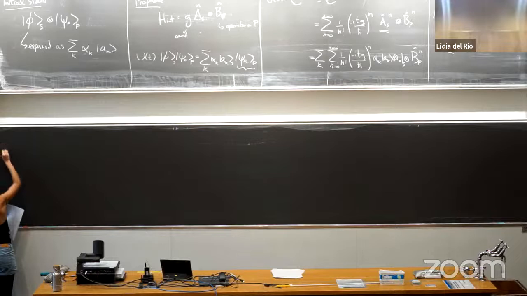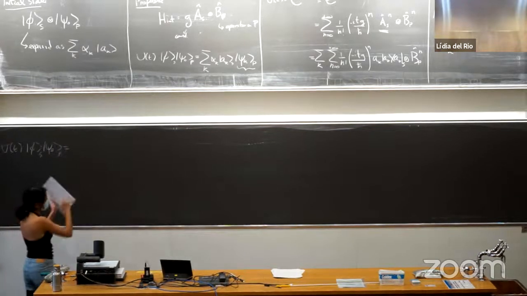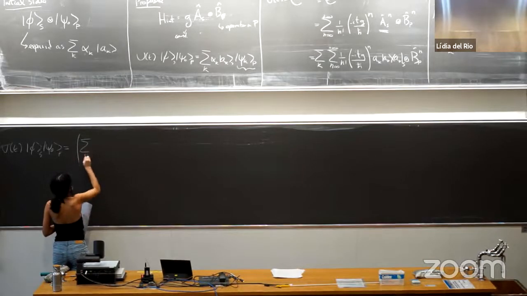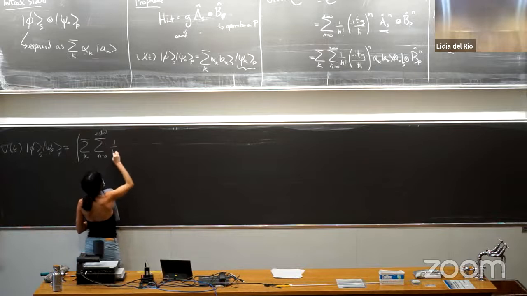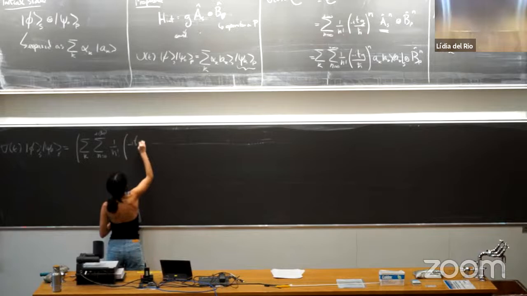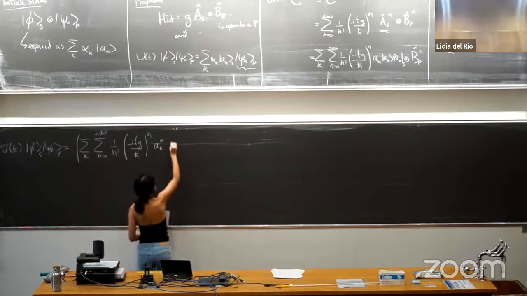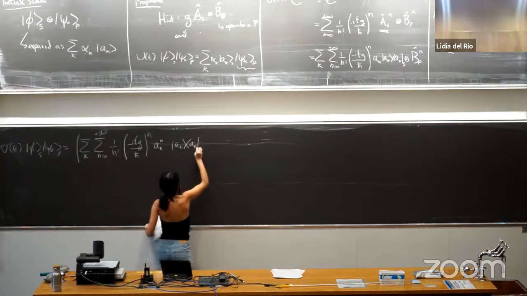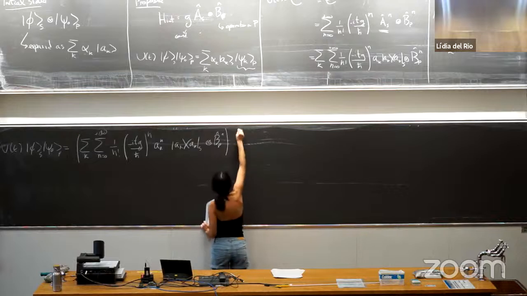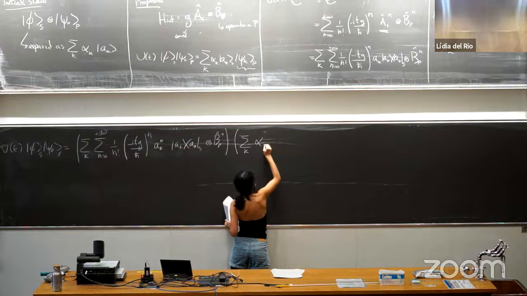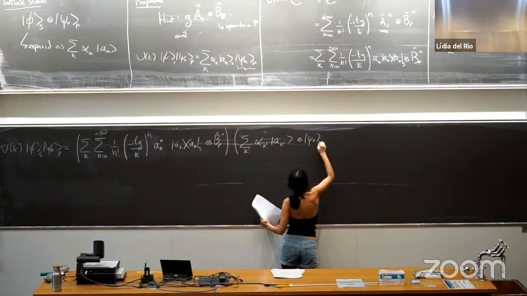So then we have that U of t applied to my state, and it's going to be, let's write, over k, to the n, and then we have this whole thing applied to my state, which we expanded in this basis, right? So it was alpha k, so k prime.